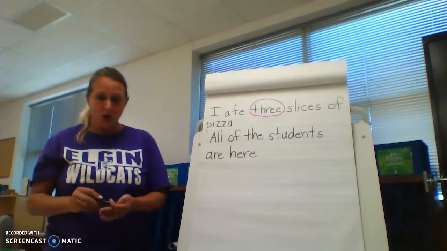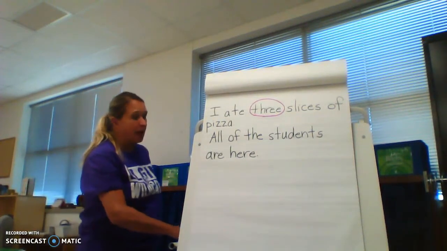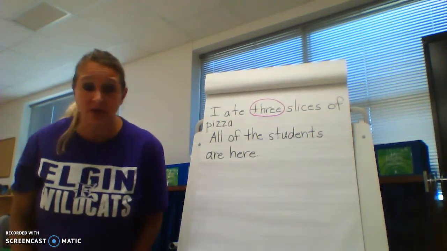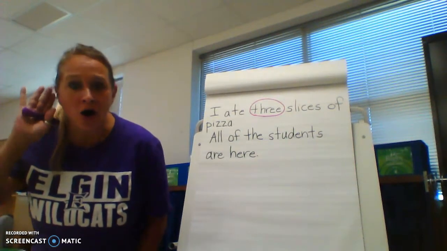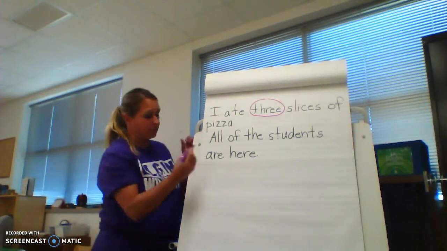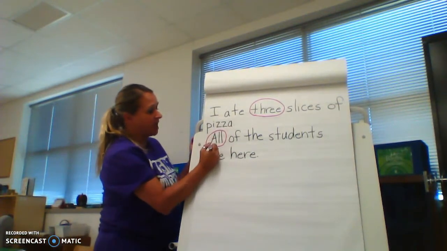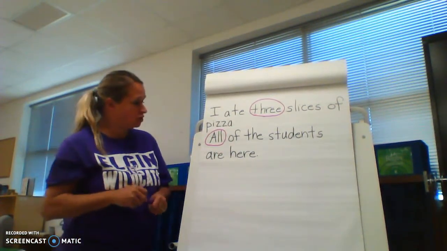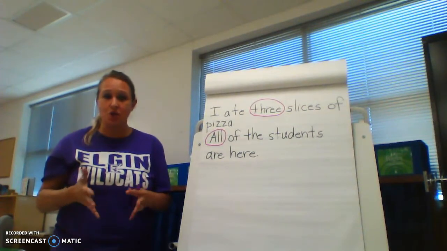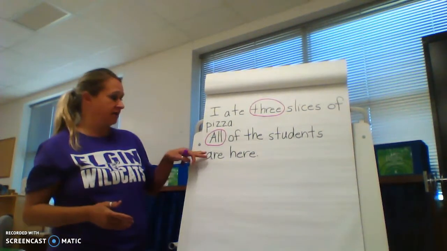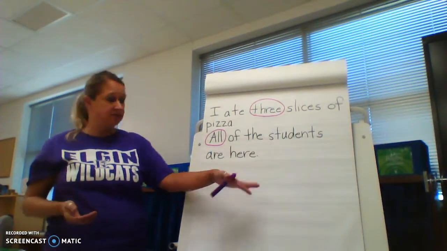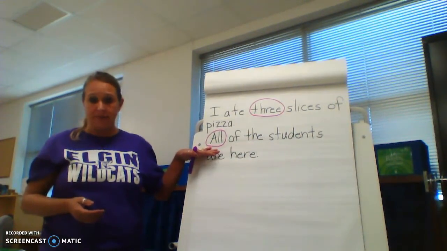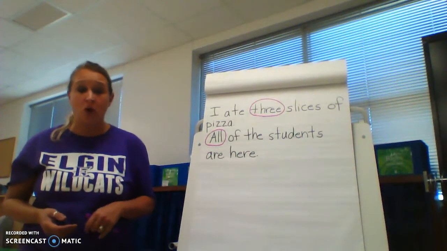Okay, what word in that sentence tells you how many students are here? All. It doesn't have to be a number. It is just a word that tells you how much or how many of something. So all of the students are here. How many of the students? All of them. All is my adjective for quantity.